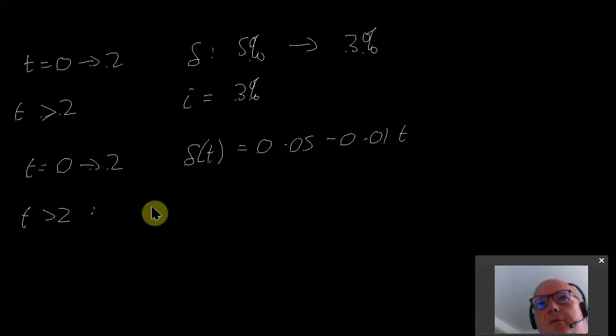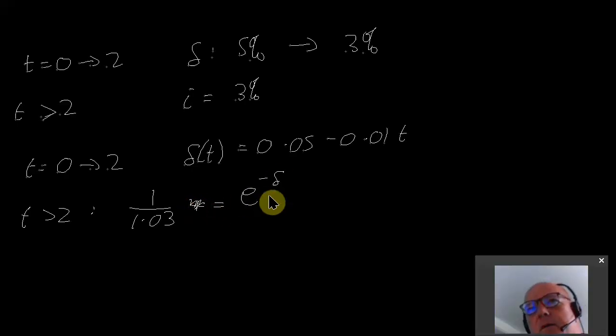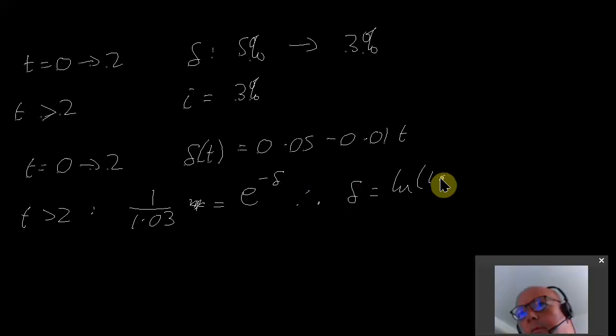If I equals 3%, then 1 over 1.03, that is 1 over 1 plus I, is equal to e to the minus delta. Okay, therefore delta equals log 1.03, which will be a bit less than 3%, 2.956%.